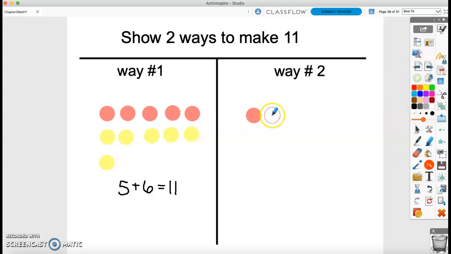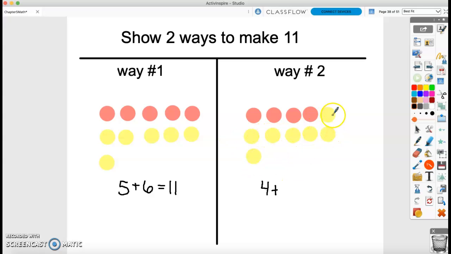So this time I'm going to do 1, 2, 3, 4 red, and I'm going to keep going 5, 6, 7, 8, 9, 10, 11. So on this one I can see that I did 4 red plus, in my yellow I have a line of 5 and then 2 more.